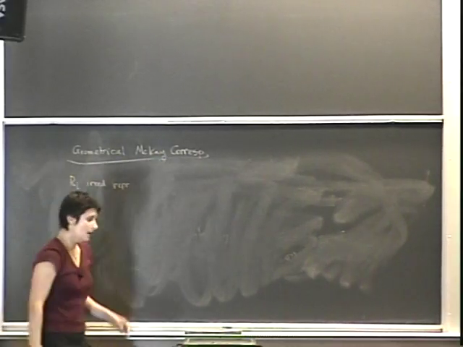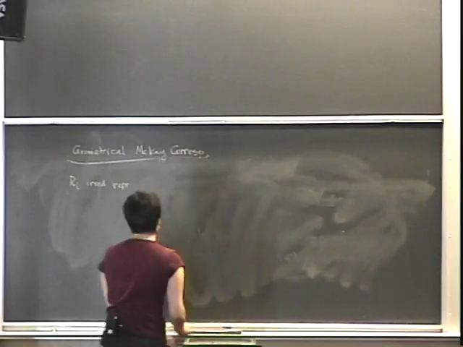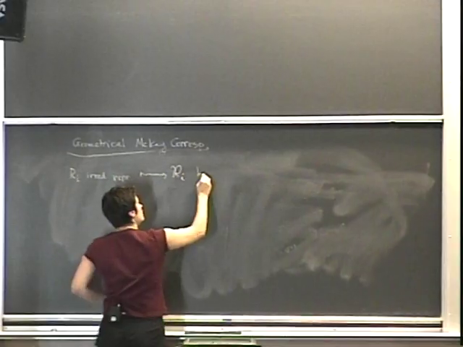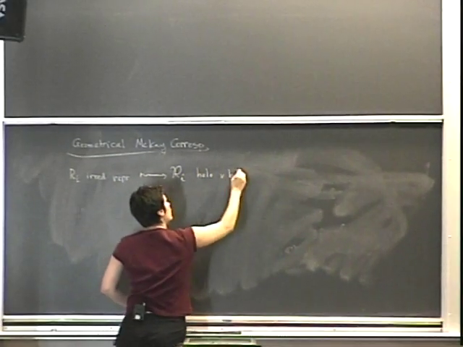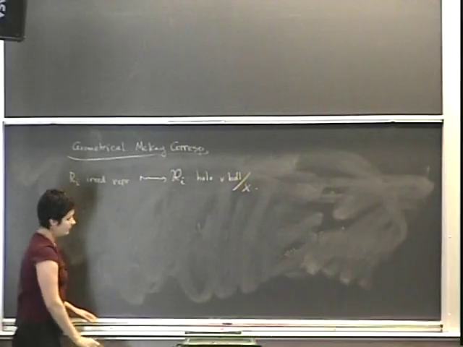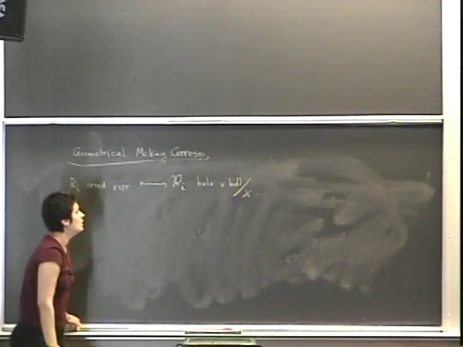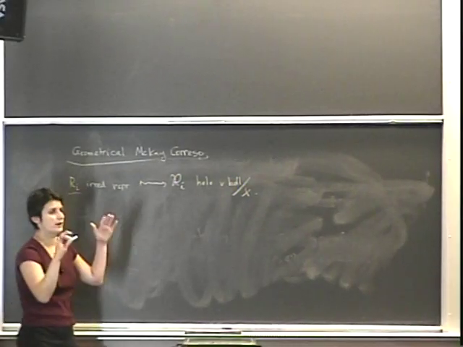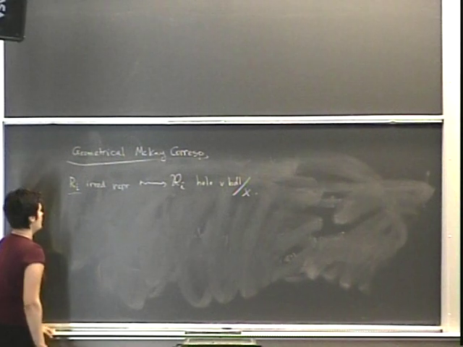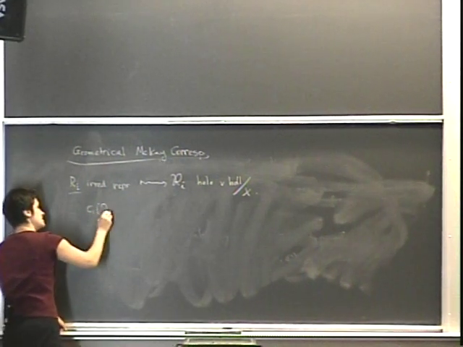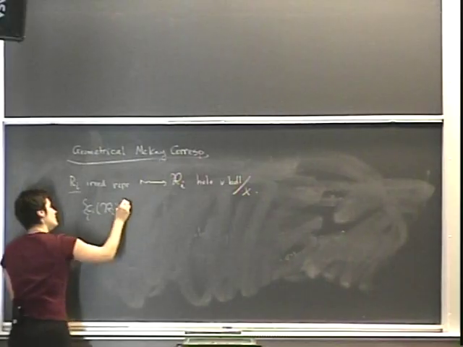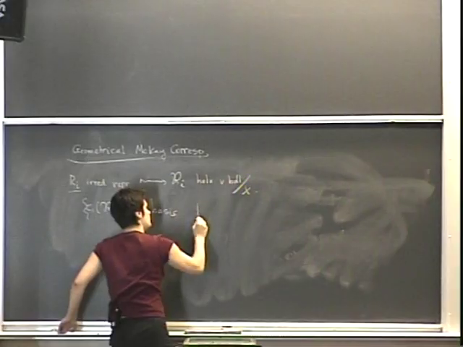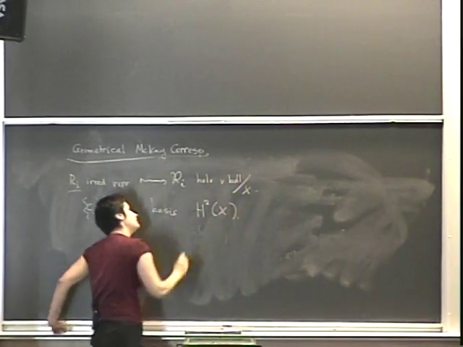And each irreducible representation will give rise to a holomorphic bundle over X. So these are bundles which at infinity have the fiber R_i. I mean, these are non-compact things. Now, it turns out that the first Chern classes of these bundles form a basis in cohomology H2 of X.